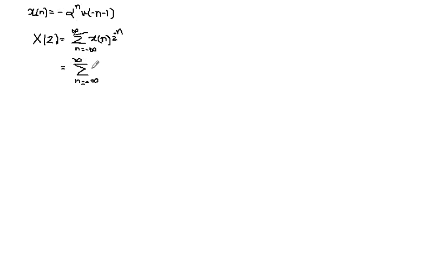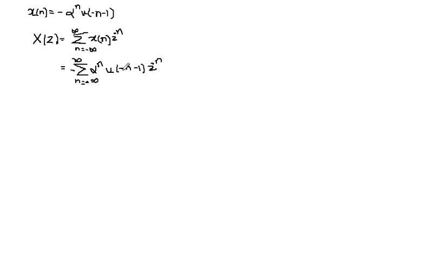So x of n is minus of alpha raised to n u of minus n minus 1, into z to the power minus n, as it is.